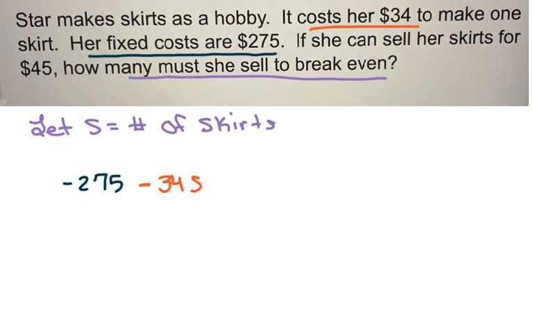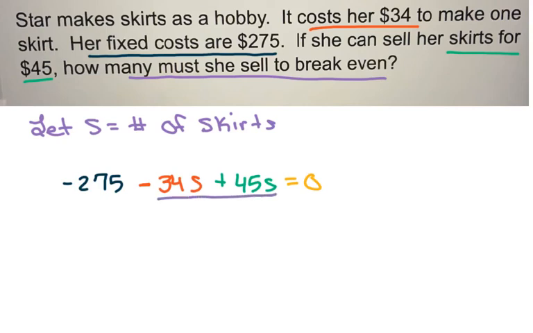And then she's going to sell them for $45. So that's a positive. So we would do plus 45S. And then to break even, we want that to be 0, meaning that if she sells one more, she'll start making a profit. So we have to combine like terms.